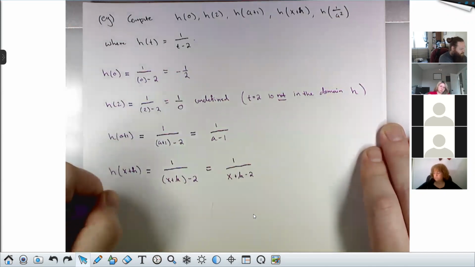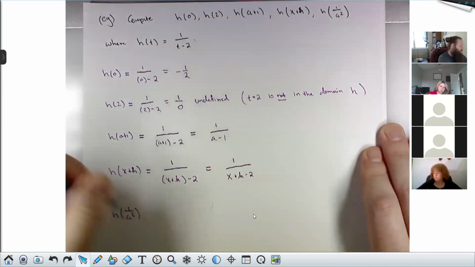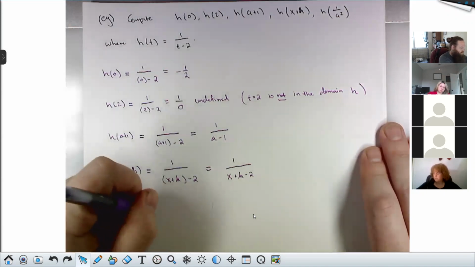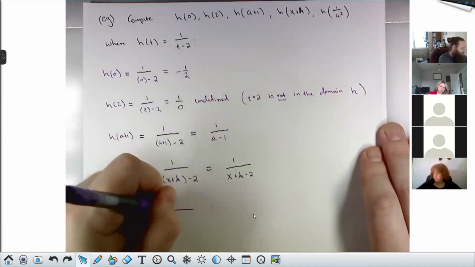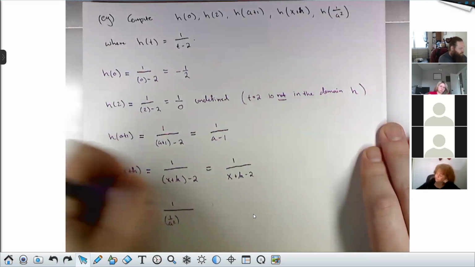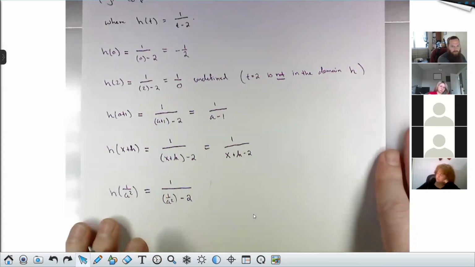And then h of 1 over a squared. Get a little bit more practice with our fractions here. So it would be 1 over parentheses 1 over a squared minus 2, like this. We'll clean this up, and this will be the last of these things that we do.